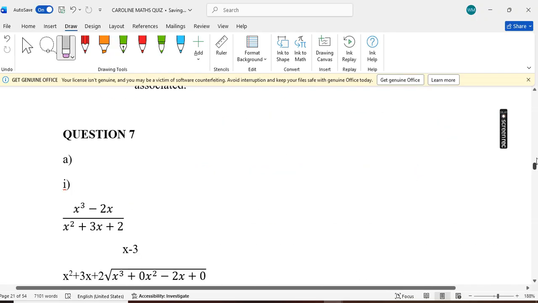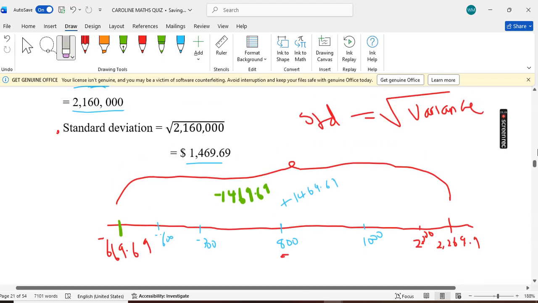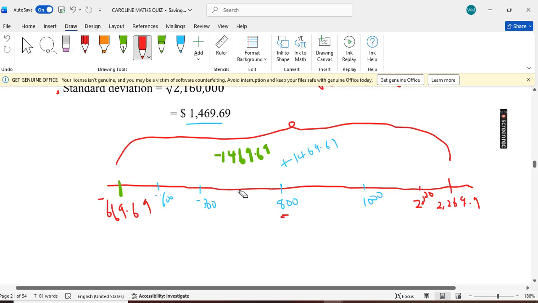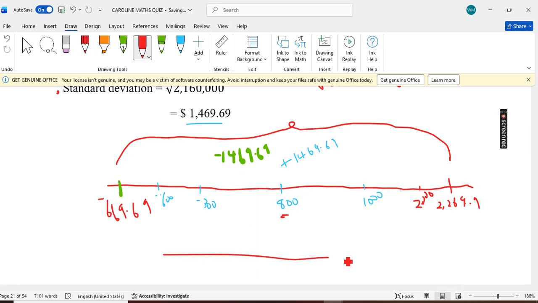Now if the standard deviation was small, let's say the standard deviation was 10, so here you have 810, here you have 790.